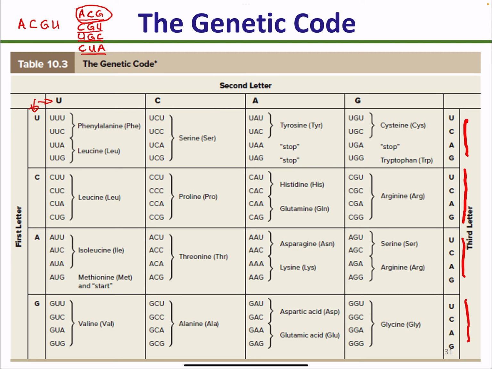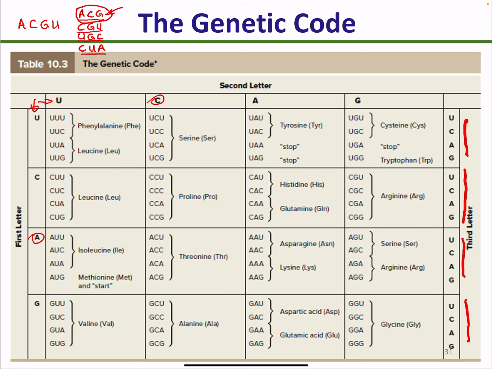All right? So now, considering this, let's determine the amino acid for ACG. So A, it's right here. So that's number 1. C, it's right here. That's number 2.